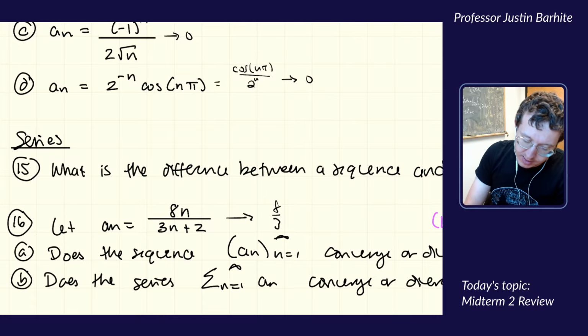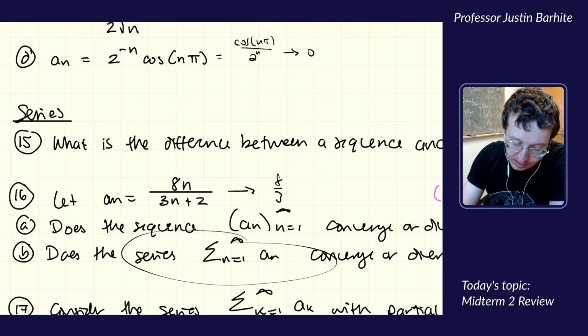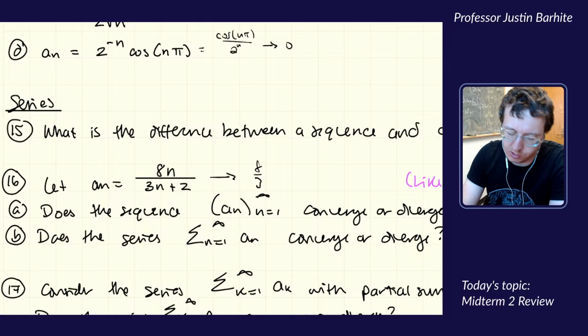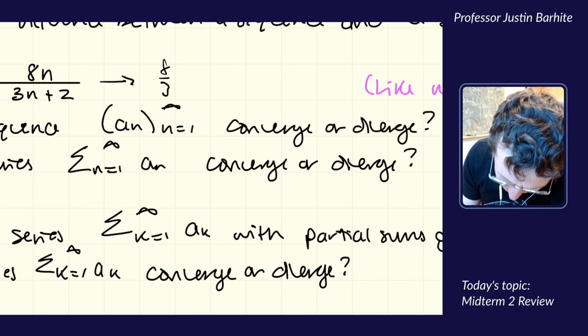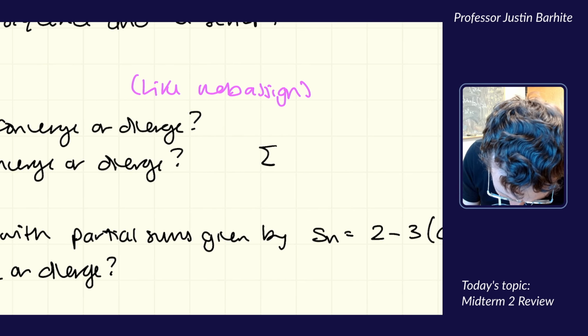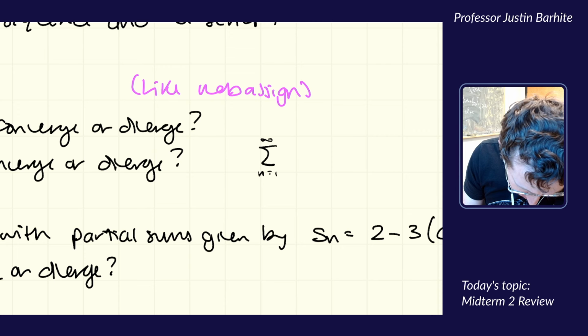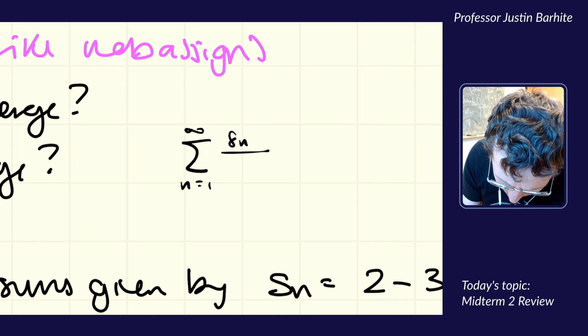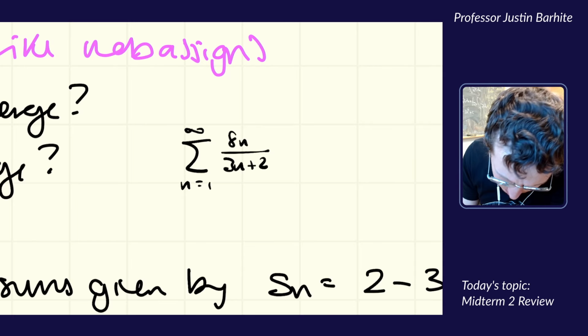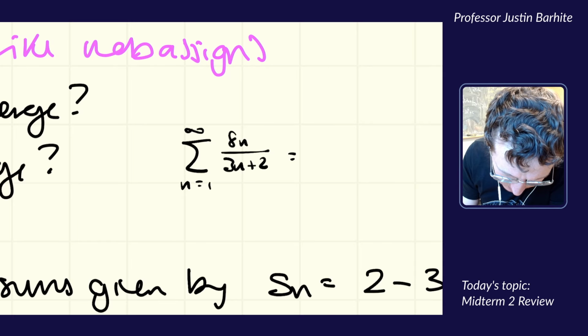However, the series diverges because we're adding together. Well, here, let me write out what this means. The series, the sum from n equals 1 to infinity of an, which in this case is 8n over 3n plus 2. This means, let me plug in 1.